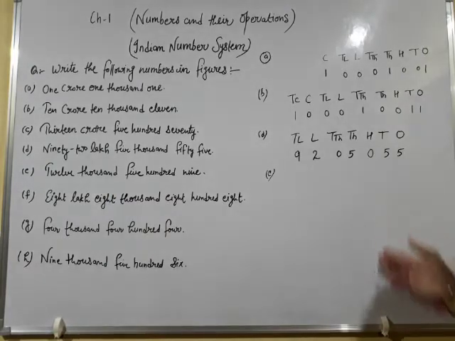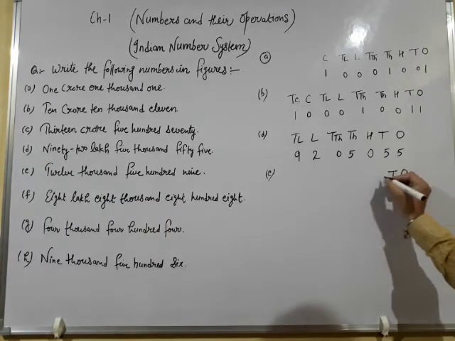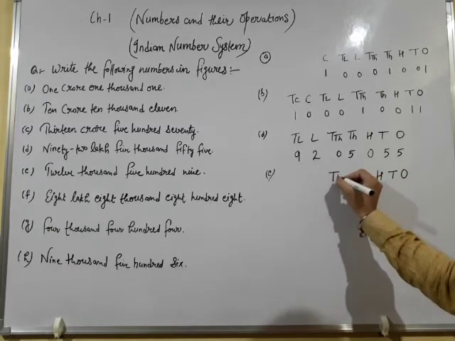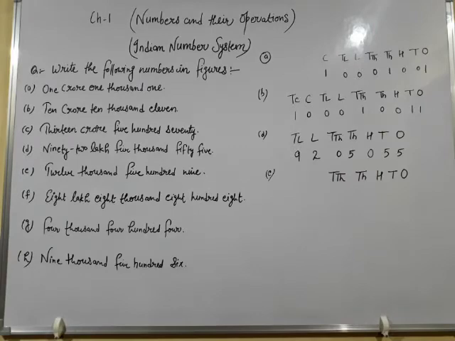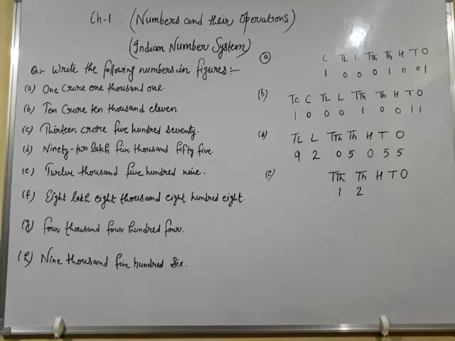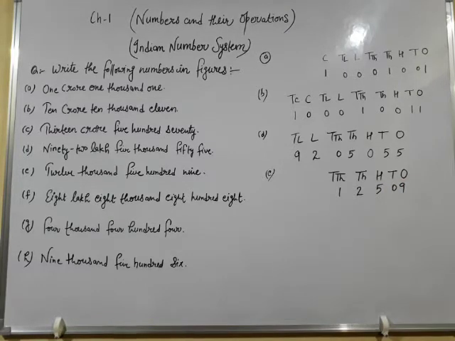So you will write the places up to the 10,000 place. Ones, tens, hundreds, thousand and 10,000. No need to write lakhs and crores period. So how many thousand? 12,000. Right here, 12,000. 509. You can write 509. This is the answer of your E part.